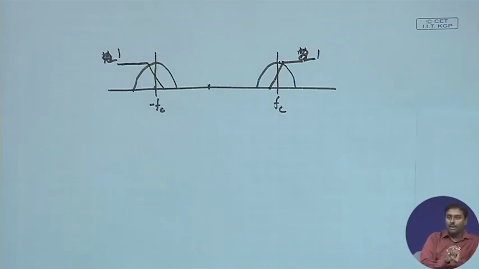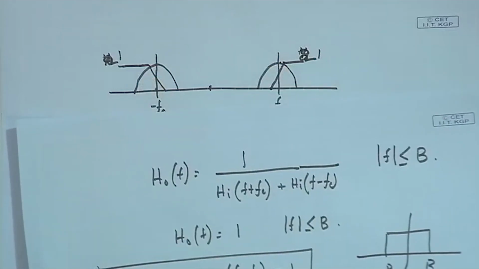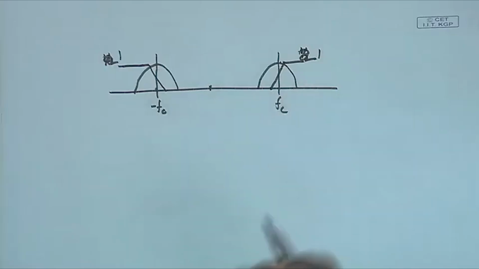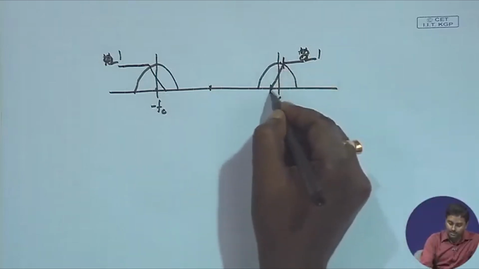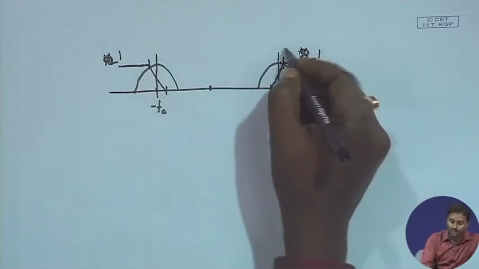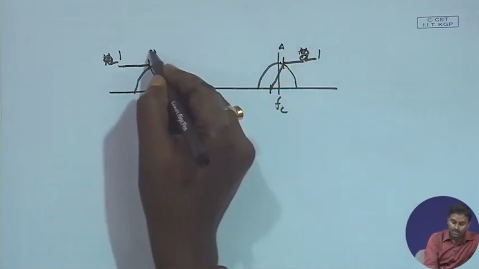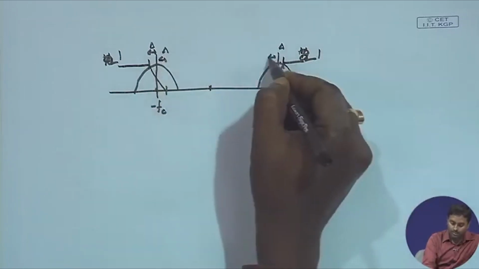What will happen now? All I have to do is take whatever H I have, shift it to plus fc and shift it to minus fc, add these two, and then see whether it is giving me 1. Only then can I say this is a valid filter for me. The way I have adjusted it, this frequency and this frequency will be all similar. So if this is fc plus some delta, this must also be delta, and if this is also delta, this must also be delta.